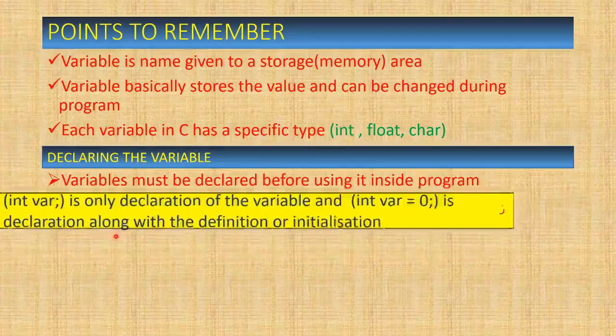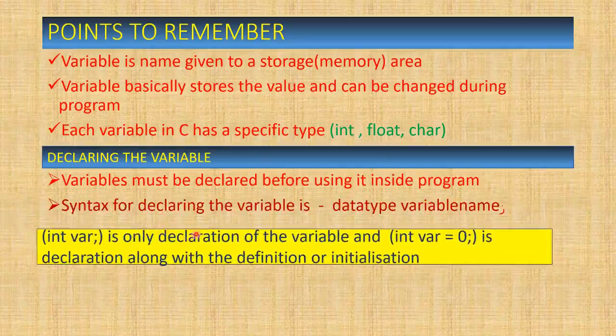Coming to the next point, we can declare the variable in two ways. The first way is that I just write int var with a semicolon. This is only the declaration of the variable. On the other hand, you can also declare this variable as int var equals 0, then a semicolon at the end. Don't forget the semicolon, as it denotes the termination of the line, which is very important.